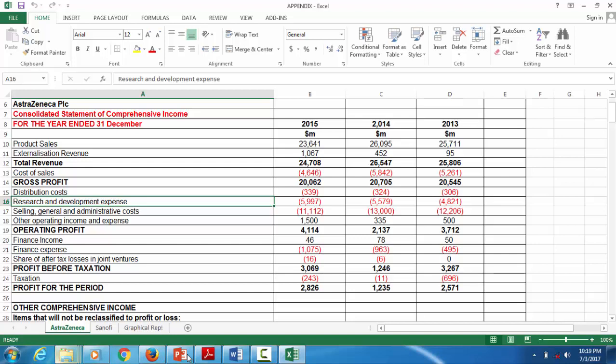So net profit margin, the variables in between net profit margin are taxation, finance expenses, very important. Let's say for example in 2015 the net profit margin was way too low. You want to check the finance cost. Is the finance cost huge?